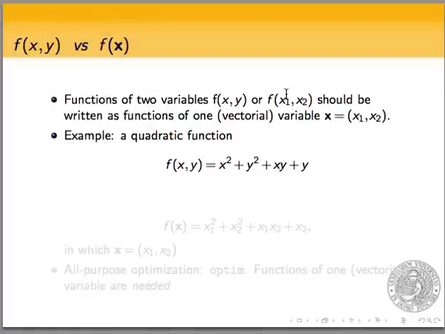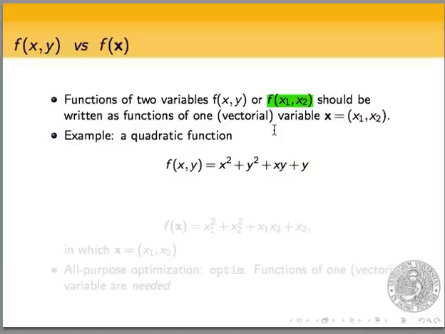Now, this is an important technical issue when you want to use R to solve minimization problems. Typically, we write functions of two variables as function of x and y, or if you wish, you can also write the same function as a function of two variables, which are sometimes called x1 and x2. And of course, both expressions are exactly equivalent.